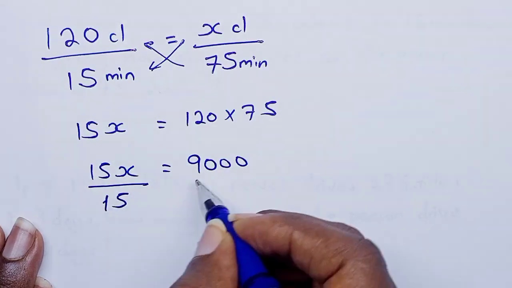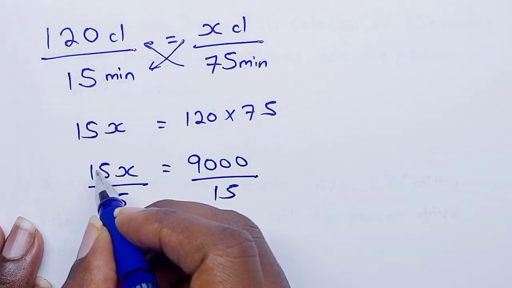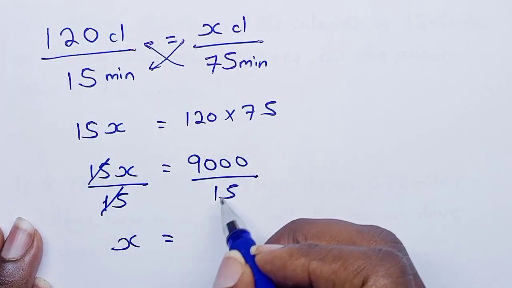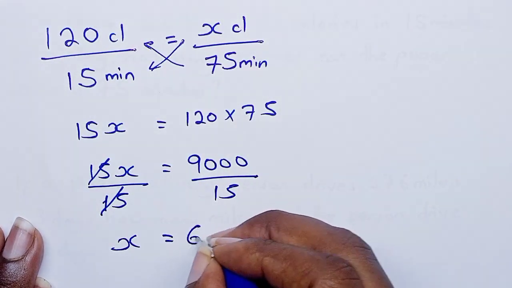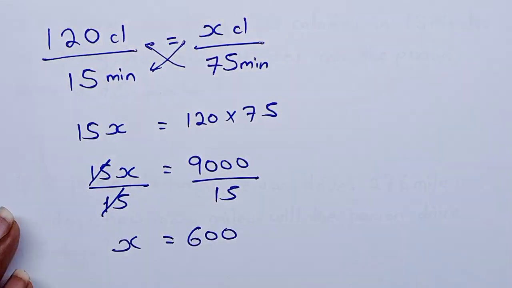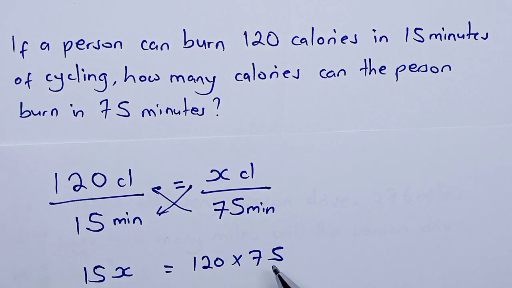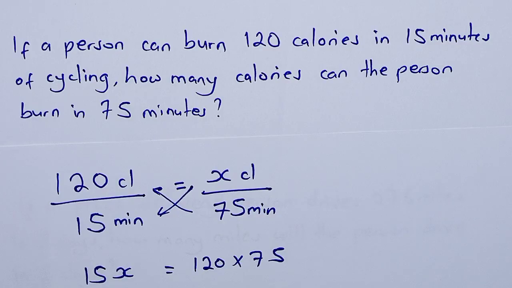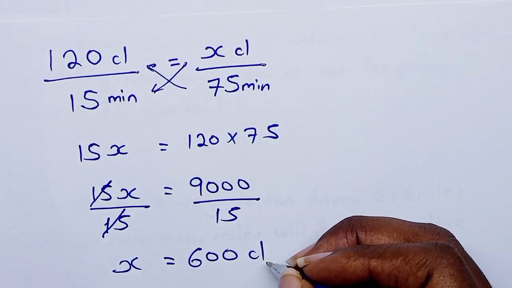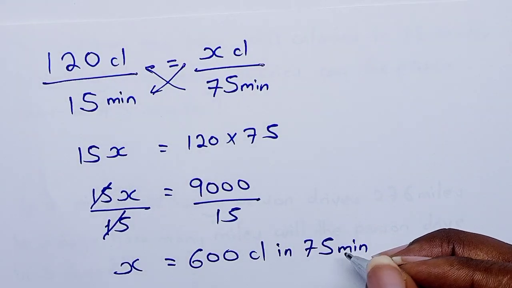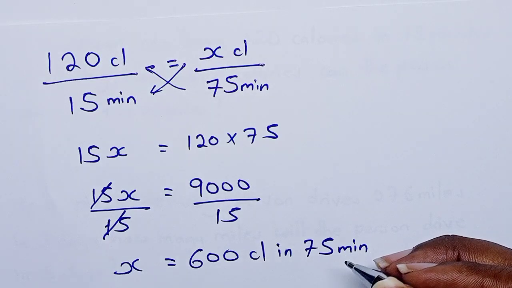Divide both sides by 15, and x equals 9,000 divided by 15, you get 600. And therefore, the person can burn 600 calories in 75 minutes. Okay, so that's how you solve.